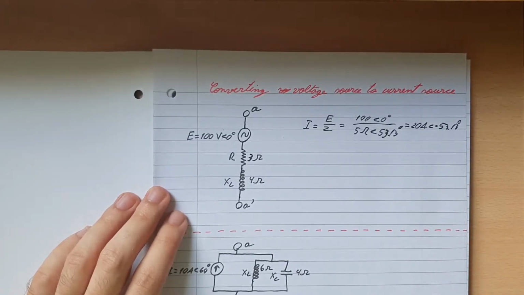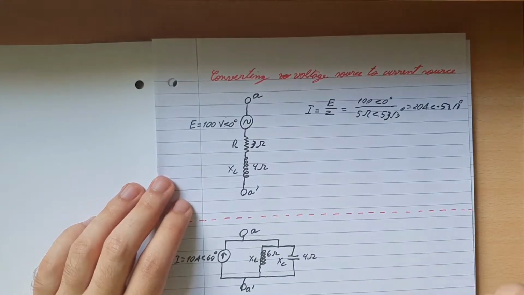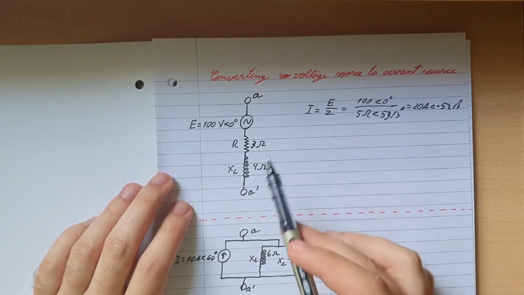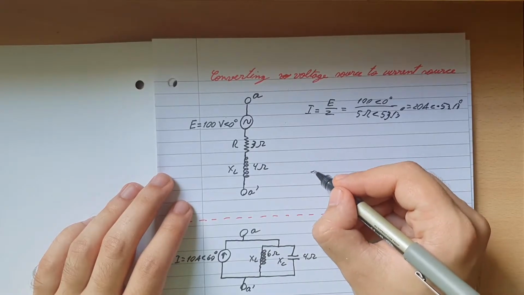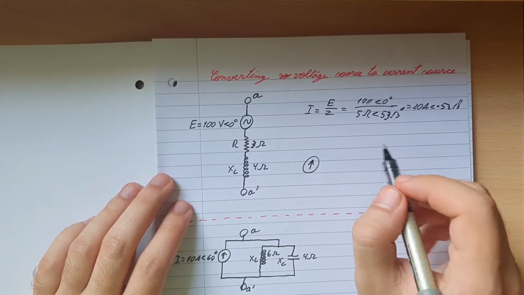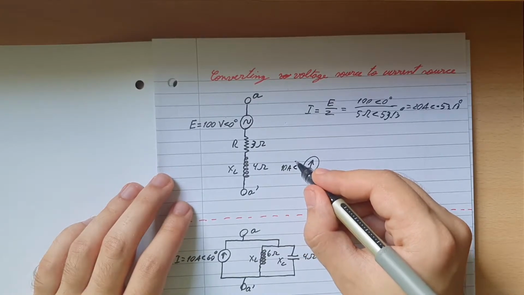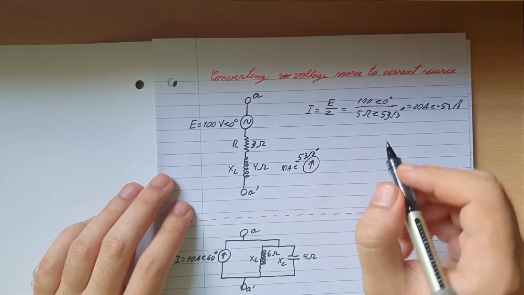And we think, well, do we just replace the voltage source? And the answer is no. The way you convert it into a current source is to replace the components, like the total Z value, in parallel. The total Z value can be any Z value really. So the way you write it is something like this: we put the current source here, 20 A at an angle of minus 53.13 degrees.